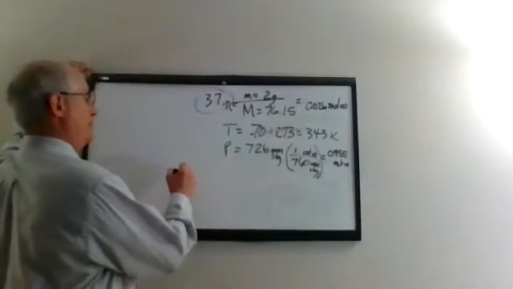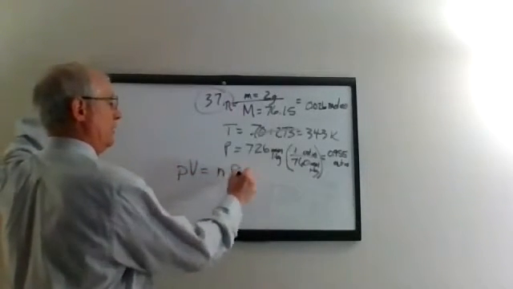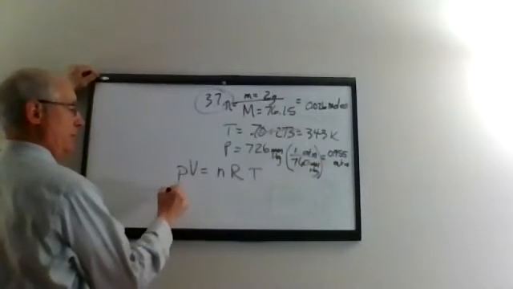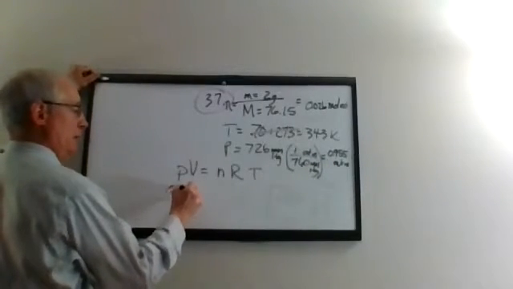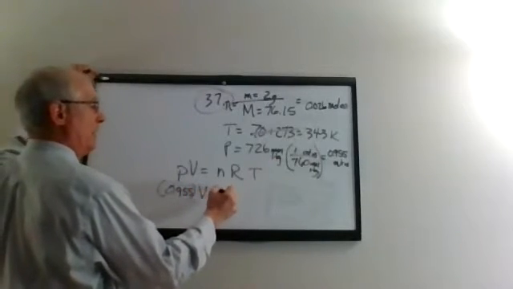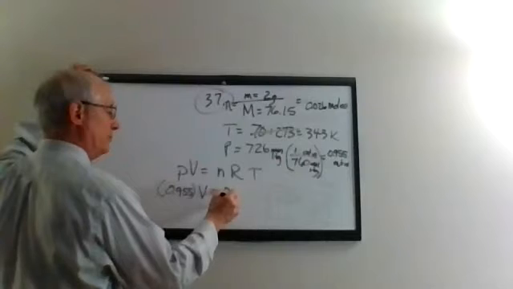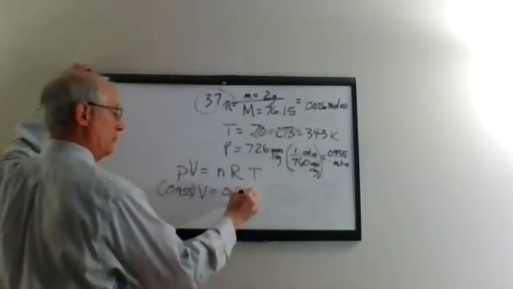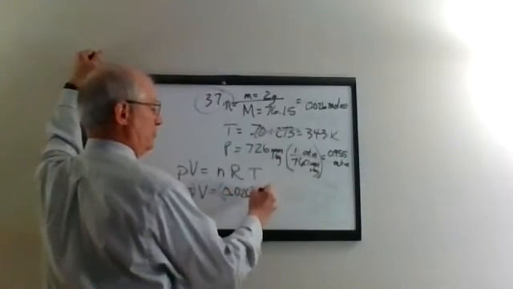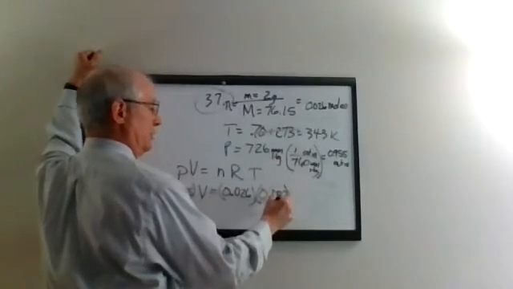So let's go to PV equals nRT. 0.955, volume is what we're looking for. n is 0.026 moles. R is 0.082 from the table in your book.